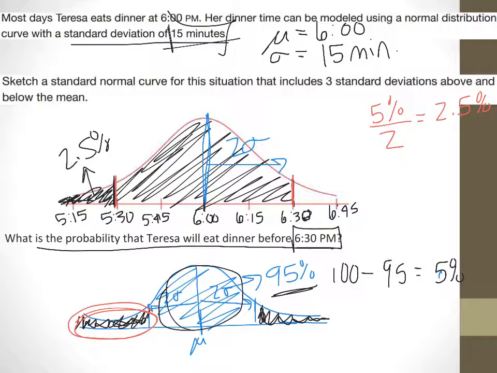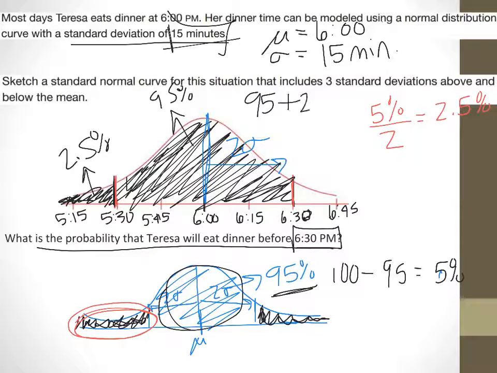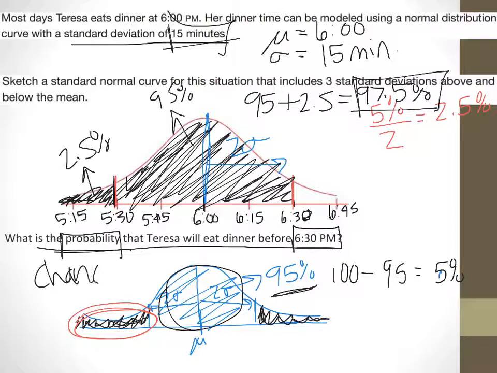If I add that to the area in here, which was 95%, I get 95 plus 2.5 for a grand total of 97.5%. Remember that what this was asking is about probability, which is all about chance, the chance that something happens. So there's a 97.5% chance that Teresa will eat dinner before 6:30 p.m.